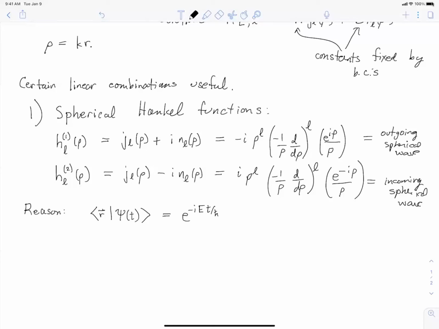Okay, and then here, when we have e to the I rho, when we take derivatives of that, it's gonna stay as an e to the I rho. So whatever it is, it's gonna be some mess times e to the I k times r. And then there's gonna be a bunch of stuff here.